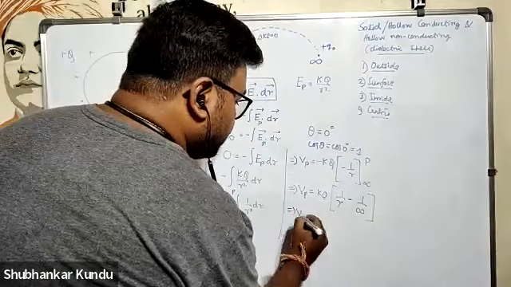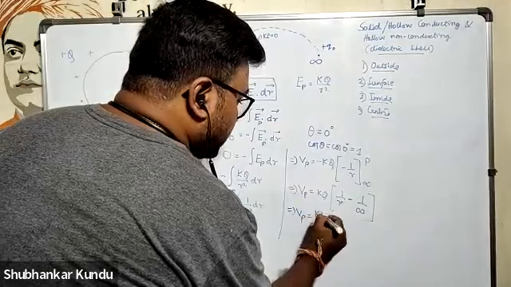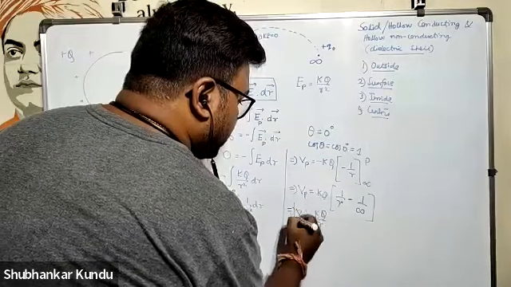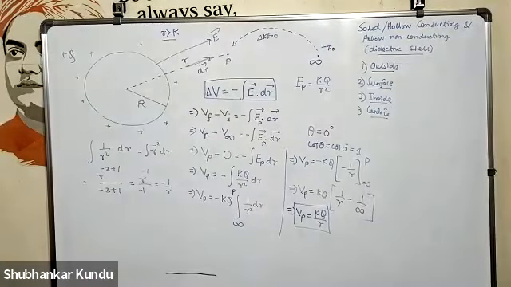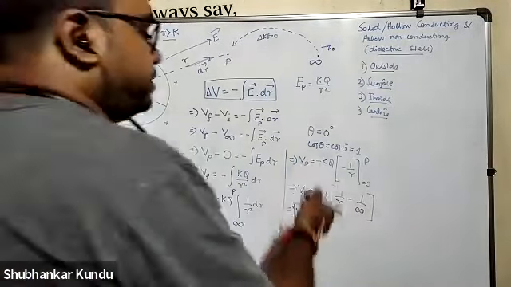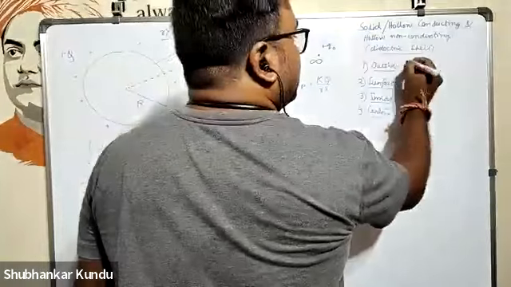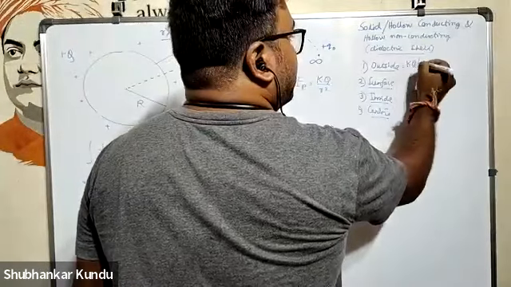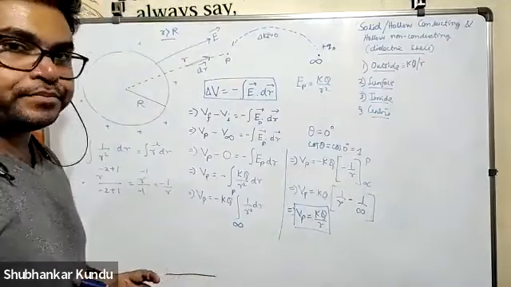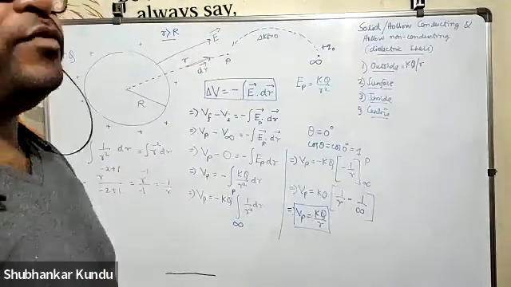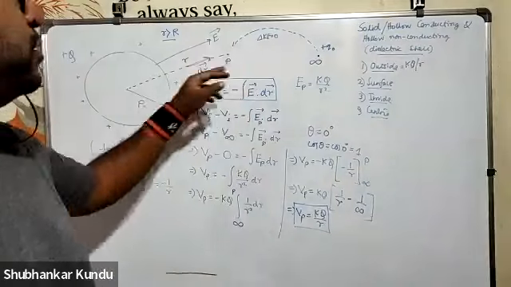So V at P we are having as KQ/r. That means V outside we are having as KQ/r. Clear? This is the electric potential at this point P, which is outside.